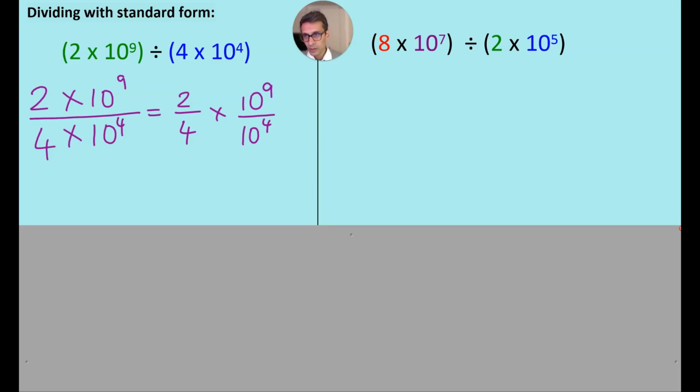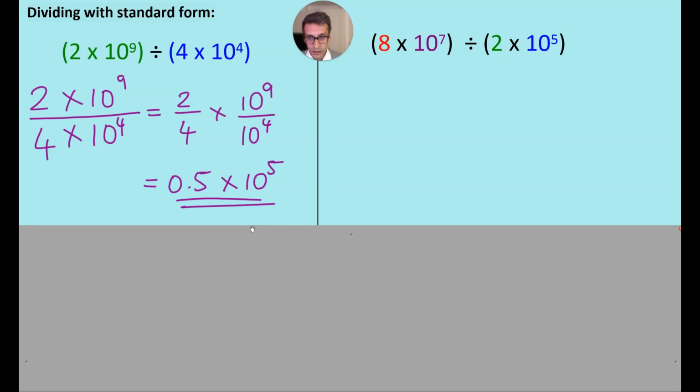We can split this up because everything's being multiplied on the top, everything's being multiplied on the bottom, the numerator and denominator. And then we can simplify this. 2 over 4 is a half, so let's write this as 0.5. You could leave it as 1 over 2 as well, times 10 to the power 9 minus 4 is 5. So that's your answer, 0.5 times 10 to the power 5.